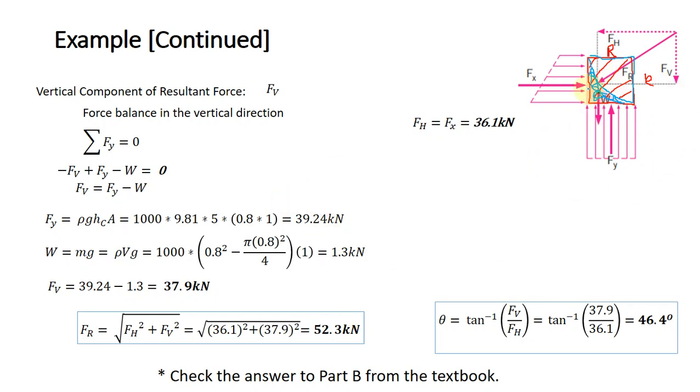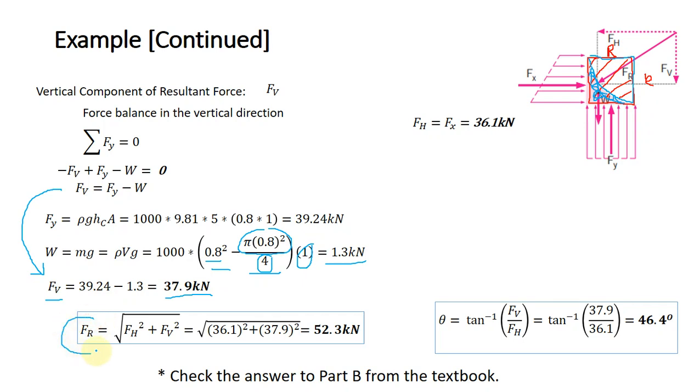So the area of the square is the radius times the radius, that is 0.8 squared, and for the quarter circle, you have pi r squared, the area of the circle, over 4. So you subtract the area of the quarter circle from the area of the square and multiply it by the length, and you will get the weight to be 1.3 kilonewtons. So substituting the values here, you will get Fv equal to 37.9 kilonewtons.